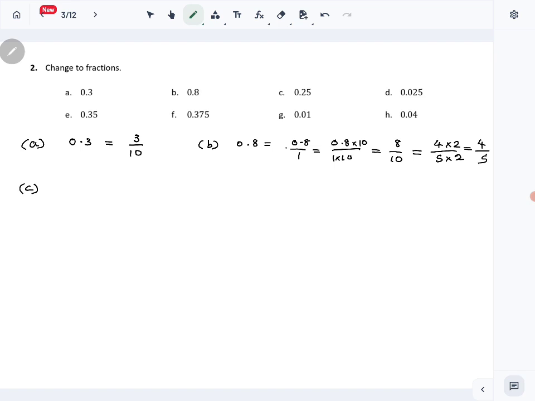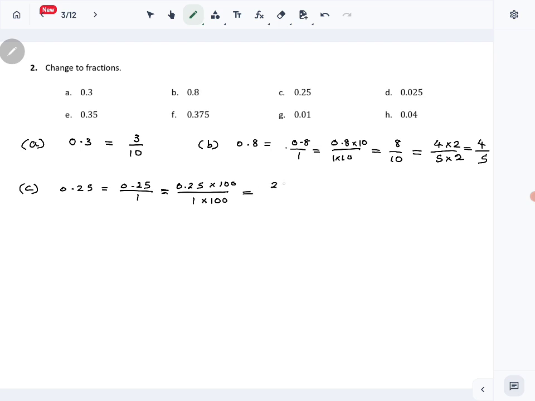Then part C, similarly 0.25. Think of it as a fraction, which is 0.25 over 1. So convert both the numerator and the denominator to whole numbers. So then I have to multiply the numerator by what? 100. No? 2 decimal places mean I have to multiply by 100. So 1 over 100. 1 times 100.